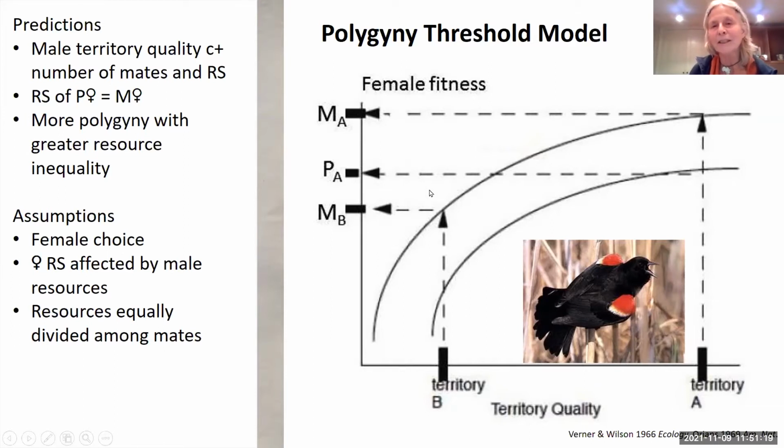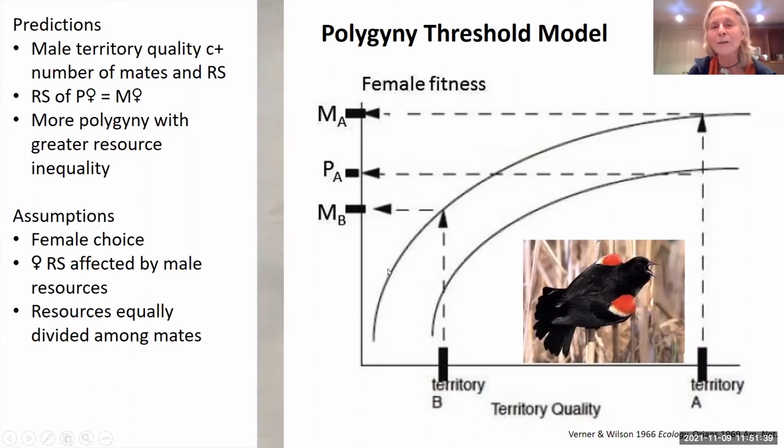But as you can imagine, the polygyny threshold can be calculated as the difference in territory quality between males who are mated monogamously, or the amount of difference in male territory quality that drives polygyny to emerge.